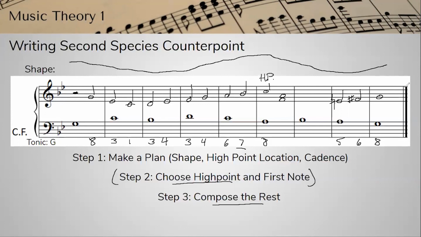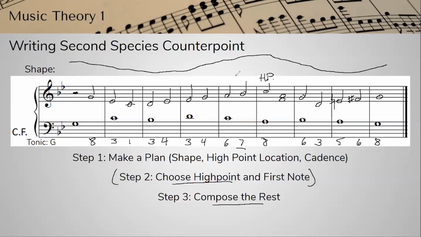And so we can get there by contrary motion as well. So if we write a D here, and then, when I did this, I wrote a G here as a sixth, and then that B flat to D was a third.